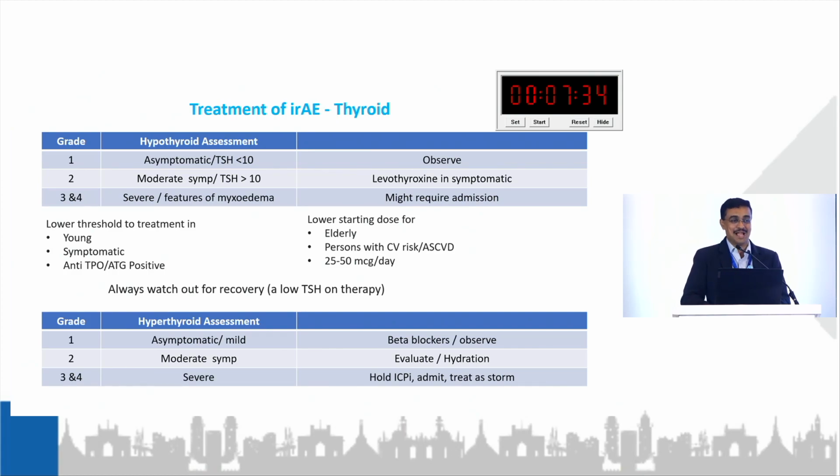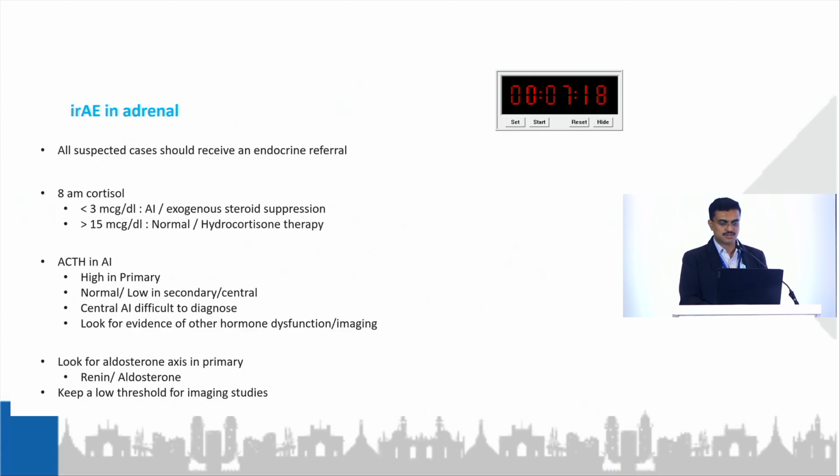So that shouldn't happen. In the same way with thyrotoxic assessment also, in the early phase you can give beta blockers, and with moderate and severe symptoms you may have to treat or even stop the drug if the symptom is almost mimicking something like a thyroid storm.